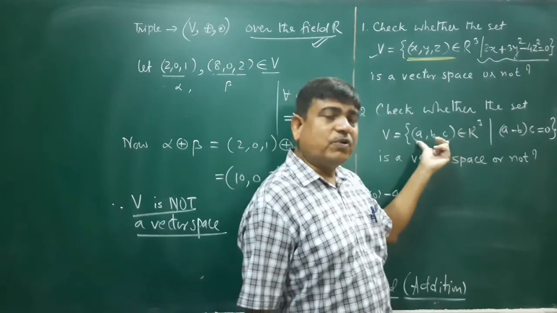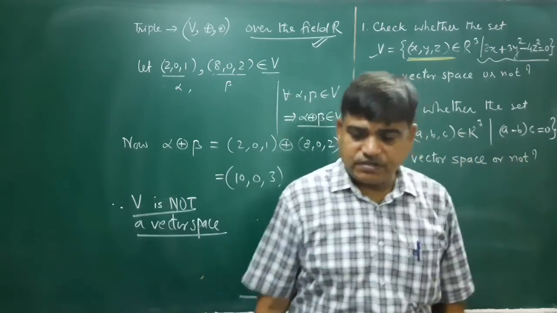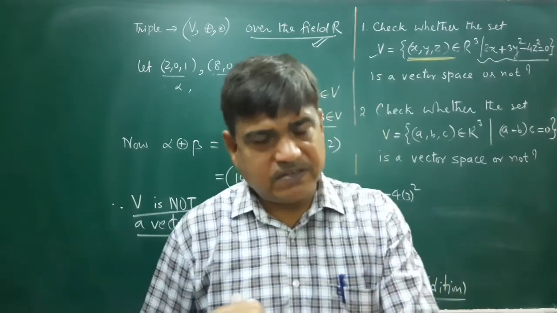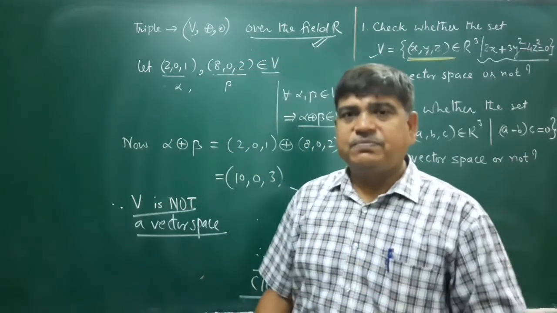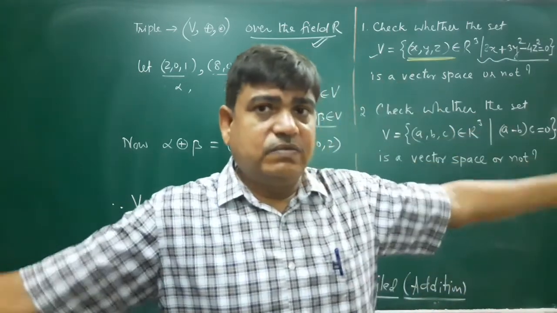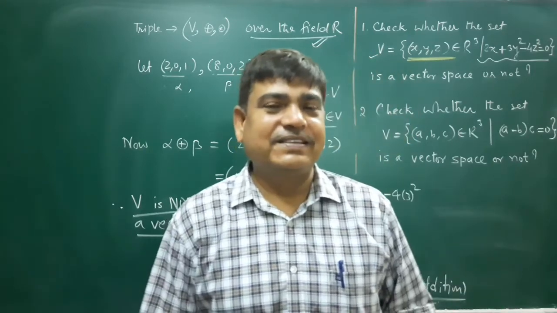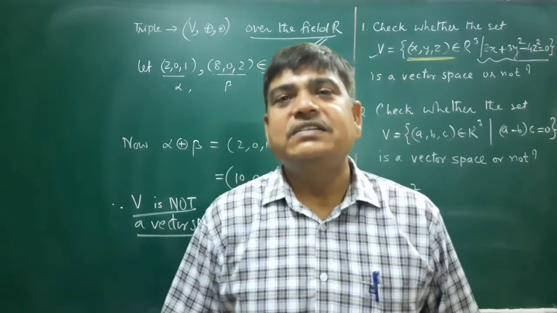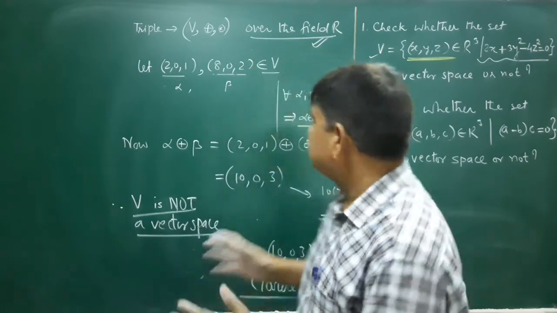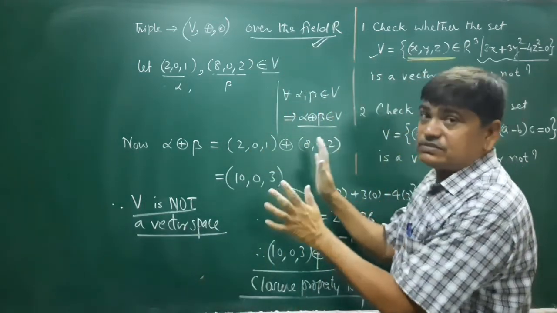Just like this, this is a point in 3D, but it satisfies this relationship. So if you find any counterexample such that any one of the properties fails, then it is not a vector space, otherwise it is a vector space. So this is the way to consider a particular example and verify it.